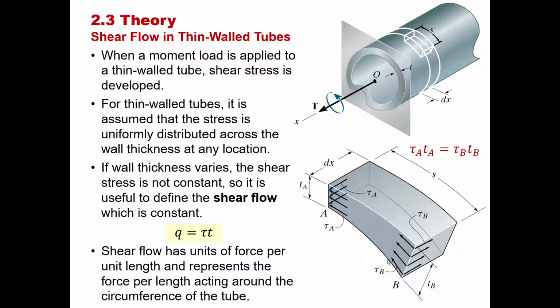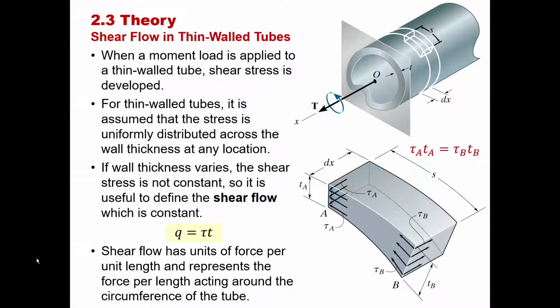I want you to notice that throughout this differential element the thickness is not constant. Over here at location B, we have a thicker cross section than over here at location A. So our first assumption is that the shear stress is constant through the thickness. The shear stress here is also constant through the thickness.